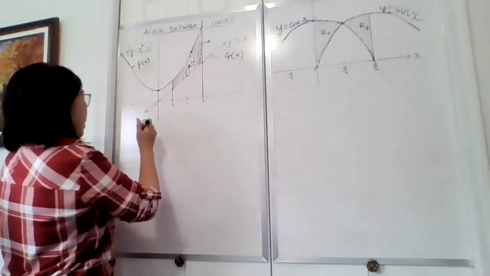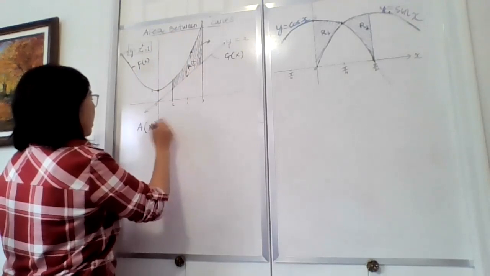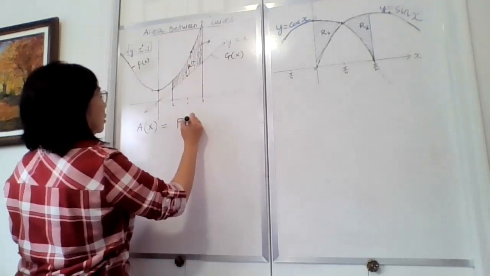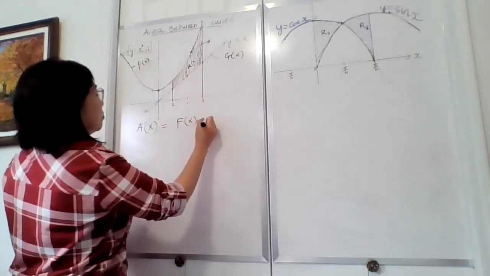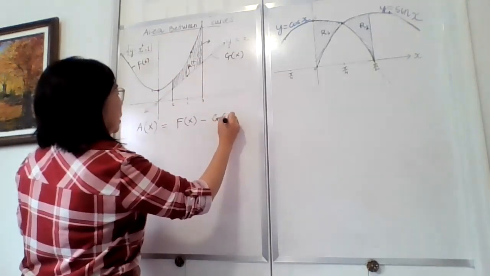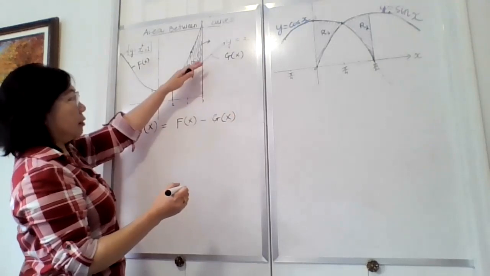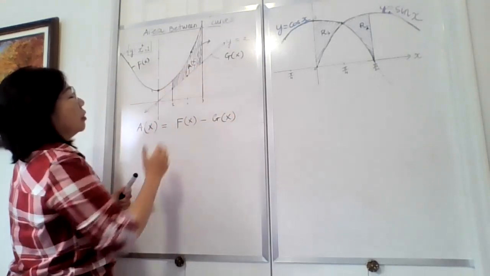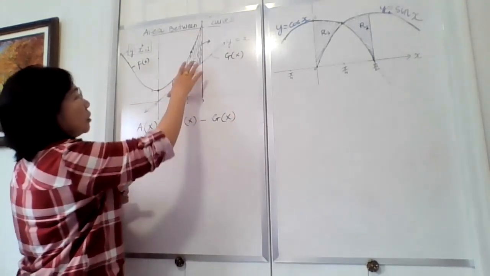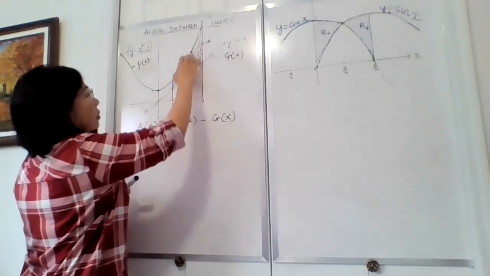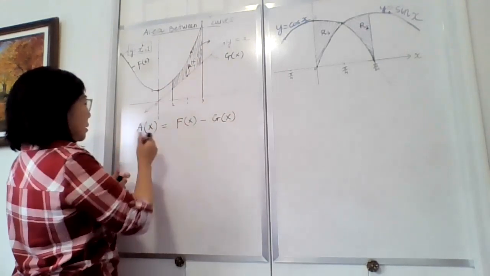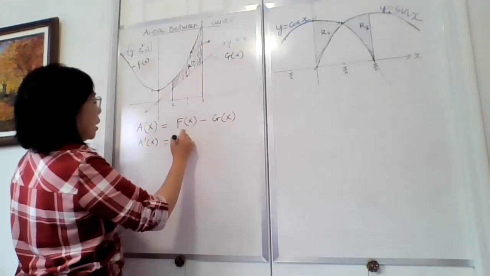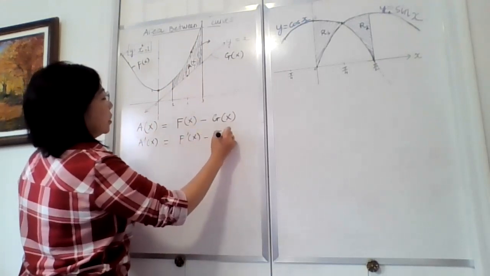So in order to find the area of this, basically, we're going to use function f of x because it is above, subtract the function g of x because it is below, right? And in order to find the area, we have to find the rate of change of the area underneath the curve. And the rate of change of this is A prime of x. And A prime of x will be equal to f of x minus g of x.